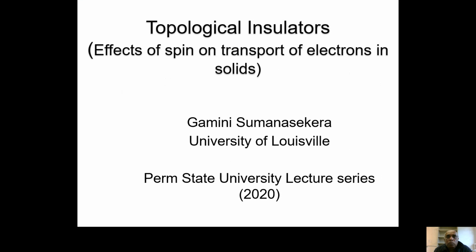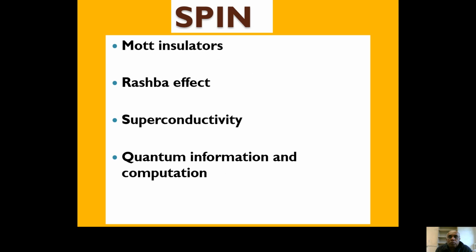In this lecture, mostly I'm going to talk about the effects of spin on the transport of electrons in solids. So that's basically covering topological insulators. Before we get started, what is the effect of spin? Spin has been the reason why we have this interest in effects like Mott insulators, the Rashba effect, some novel superconductivity, and mostly the new quantum information and quantum computation.